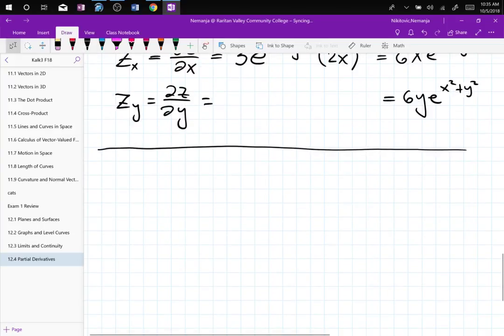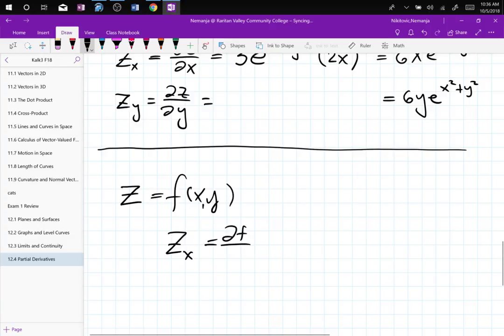So look at this. You have function z, which is a function of x and y, and you know that you can take partial x, which is partial f, partial z, whatever, f or z, same. Or you can go zy and get partial z, partial y.